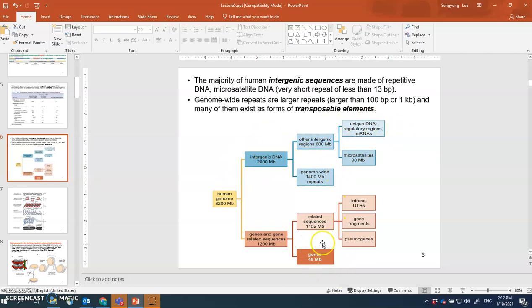And then genes only take up 48 megabase pair out of the entire genome size. Very small, almost like 1/10. And related sequence about that big. Introns are included within that size, because they are found inside of the gene coding regions. Gene fragments, pseudogenes. Pseudogenes are gene-looking genes. They have start and stop codons, but they are not expressing any RNA or DNA. Those are pseudogenes.